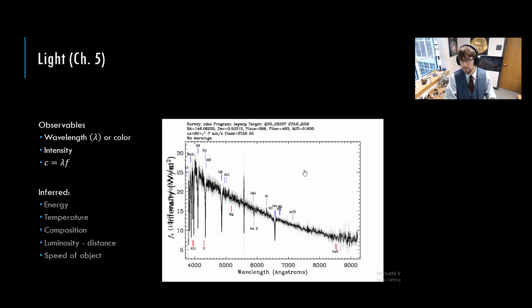So to summarize, we've got 3 different observables for light: how bright, or the intensity, or the luminosity, we'll keep playing with that; the color or wavelength; and the speed of light. And from that, we have been able to infer other ideas such as temperature, composition, distance, and also speed.